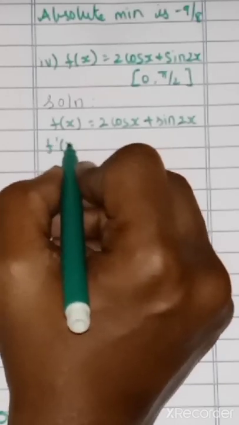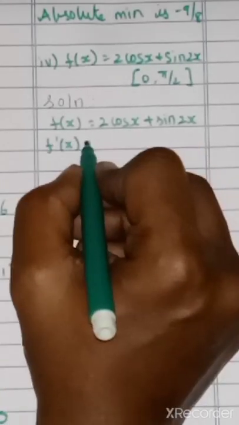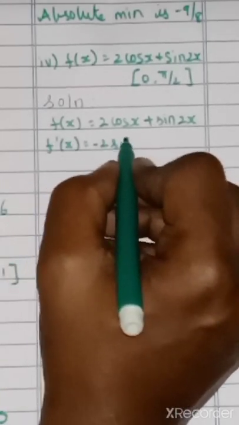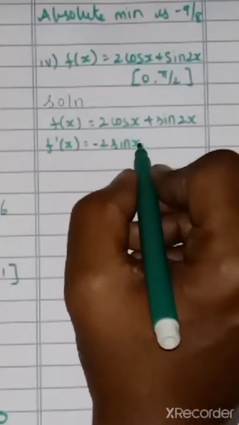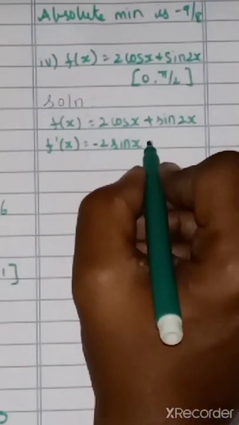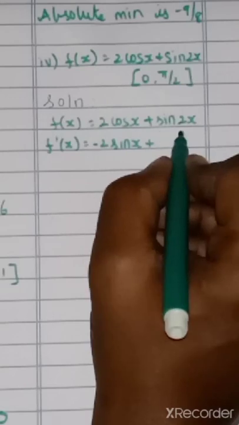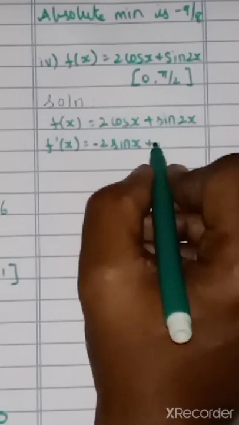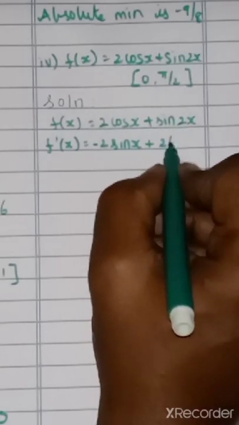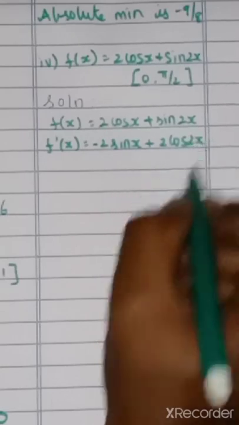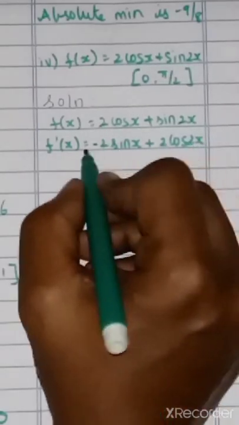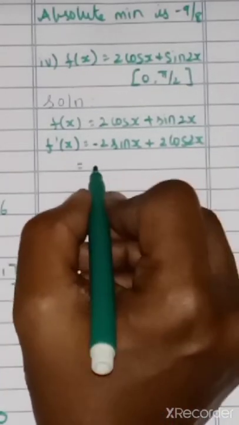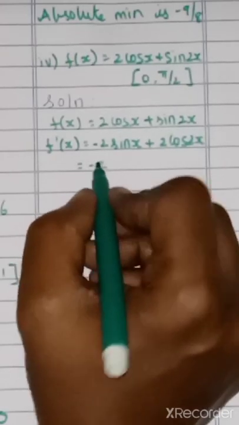So f dash of x equal to minus 2 sin x plus, differentiating sin 2x gives cos 2x, and the power 2 comes in front as a product, so 2 cos 2x.